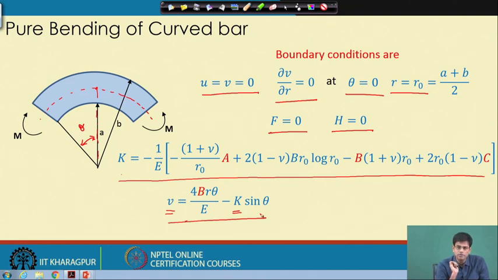So what is v? If you look carefully, v is the fiber's vertical axis displacement. Now this v represents a translation, which is k sin theta, and a rotation, which is 4 b theta by e.